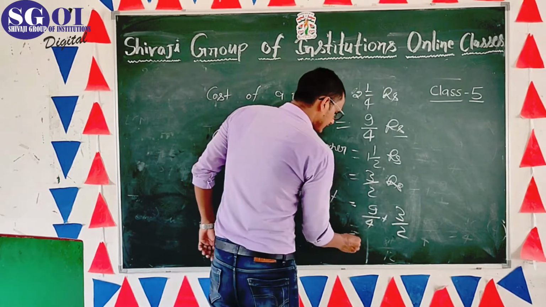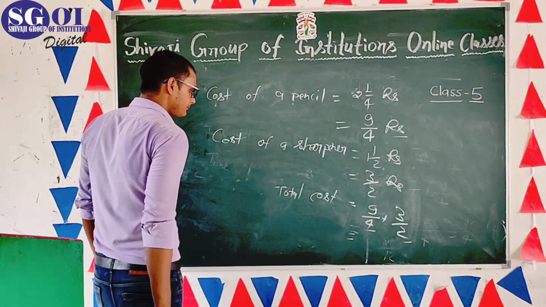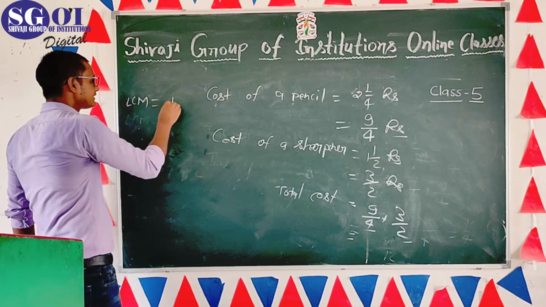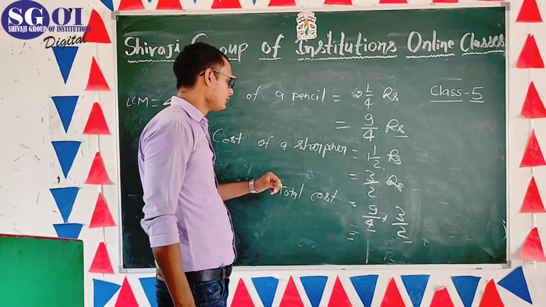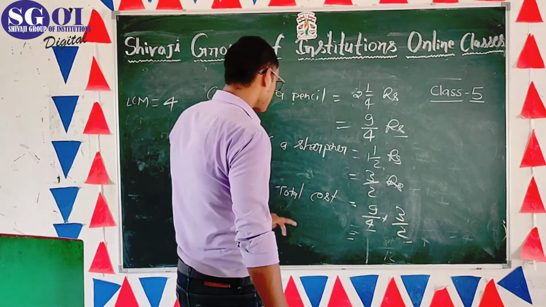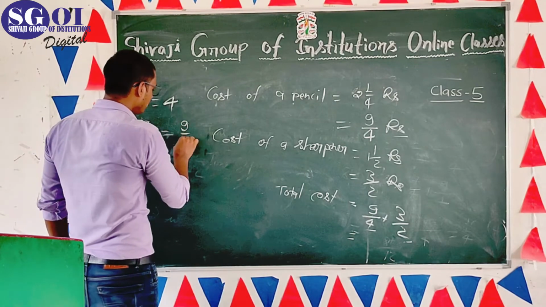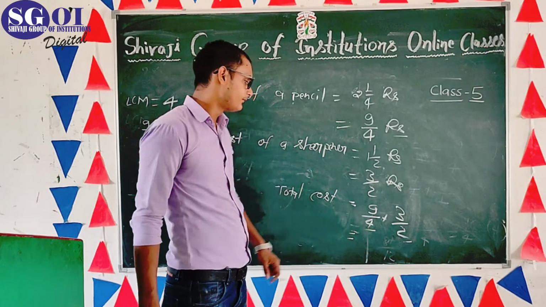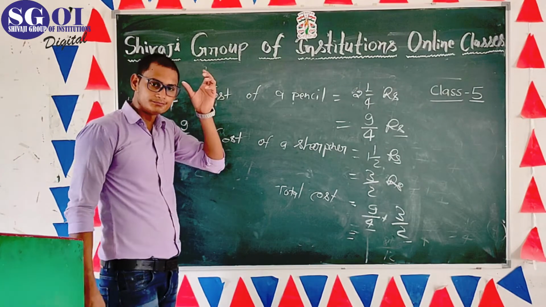Here we saw that the denominators are different. So we first find the LCM of both the denominators 4 and 2. The LCM of 4 and 2 is equal to 4. So we find the equivalent fraction of both the fractions. The equivalent fraction of 9 upon 4 with denominator 4 is 9 upon 4 because the denominator is already 4.